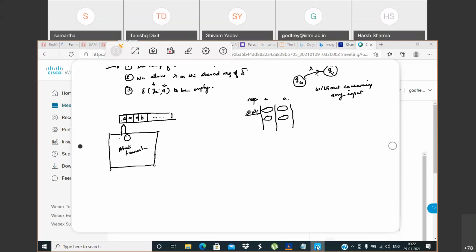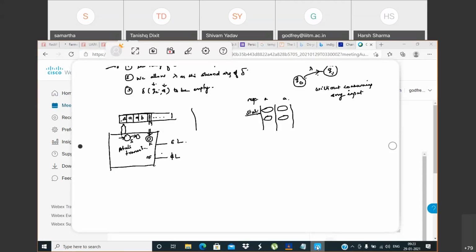Now, as you read the input symbol, state transitions happen within the control unit. By the time you read the last symbol, let us assume it is specified by a dollar or something, the control unit checks whether the automata is in a final state or not. If the automata is in a final state, then the string belongs to the language. If the automata is in a non-final state, then the string does not belong to the language.